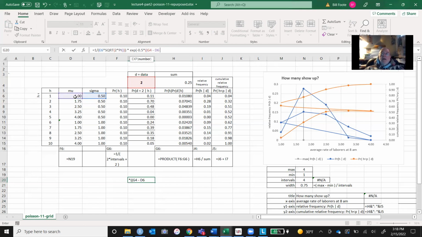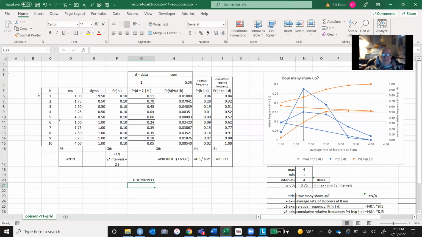This is centering, and then we scale this by the hypothesized sigma. Okay, that should work, except I need to square it, and that should work.